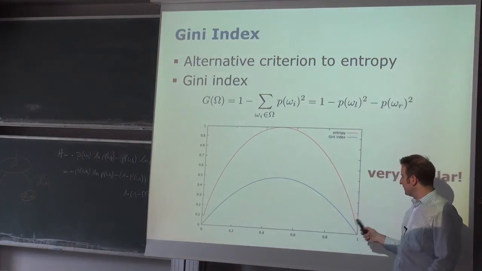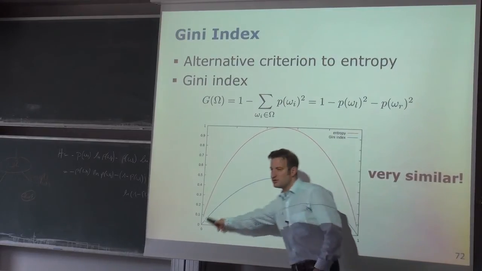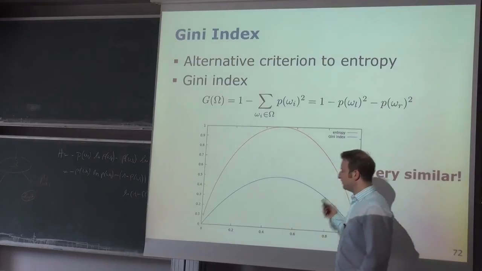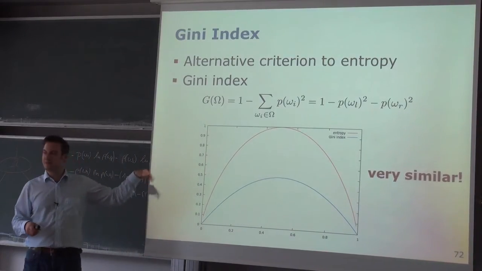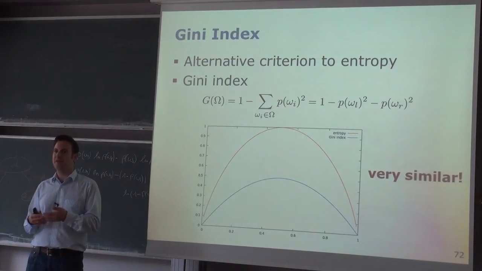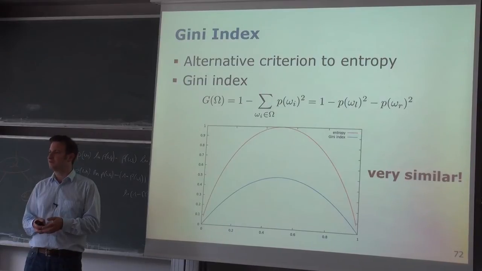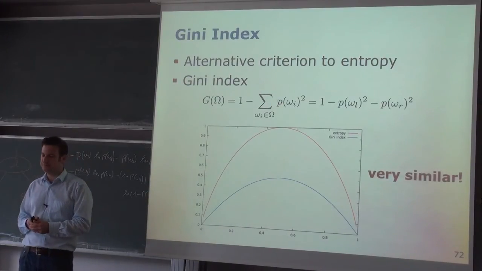But if you look at those functions, this is the curve for the entropy, and this is the curve for the Gini index. So the key take-home message: there are different measures to do that, but they have a very similar shape, and so they end up resulting in very similar decision trees.